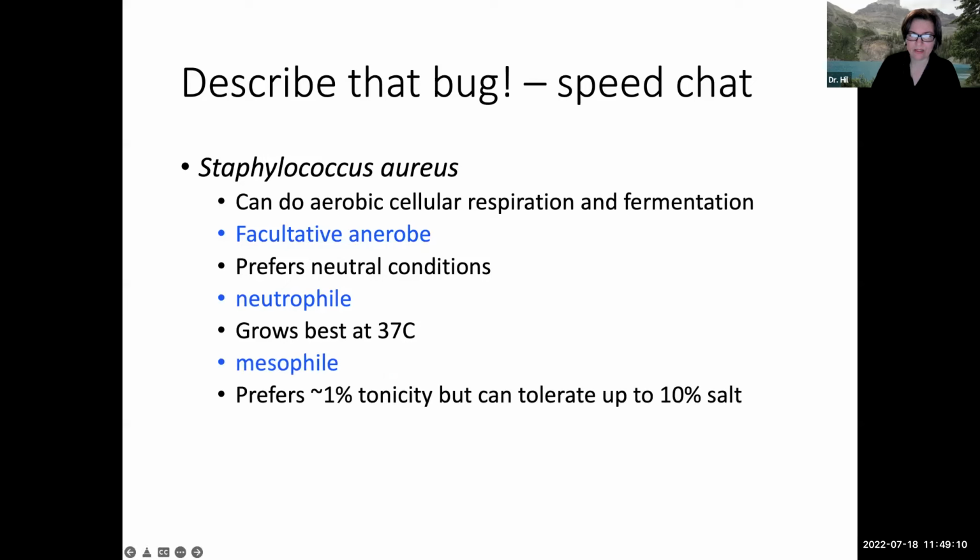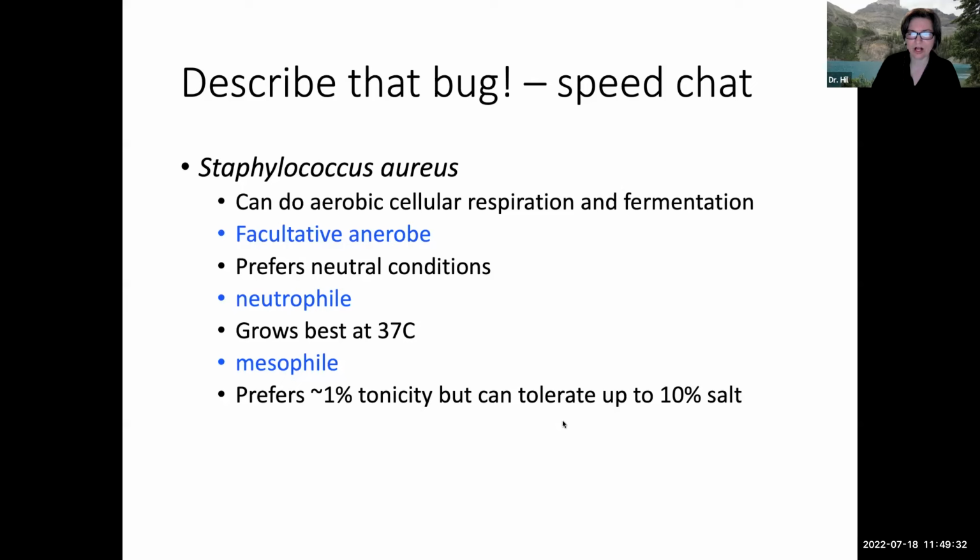And if you learned that it prefers 1% tonicity, but can tolerate up to 10% salt, how would you describe it then? What word would you use to describe it? It's halo something. Yes, Jolene, that's right, Carlo.